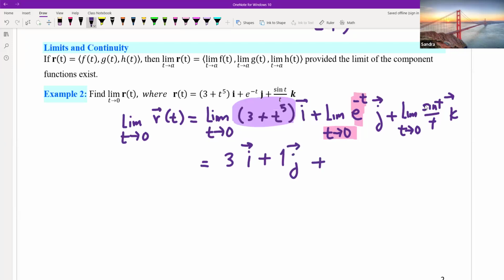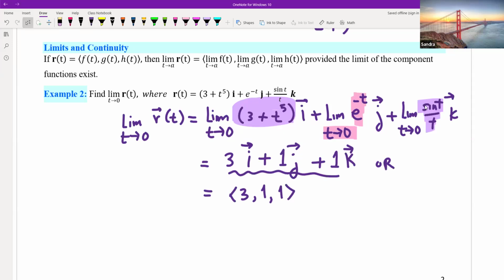Now, the limit as t approaches 0 for sine of t over t is always equal to 1, and that gives me the k component. So in this case, this will be the vector of your limit. We can write it in this form, or remember that you can also express it in this other form, and both answers will be correct. That's the way we're going to be taking the limits of vector functions.